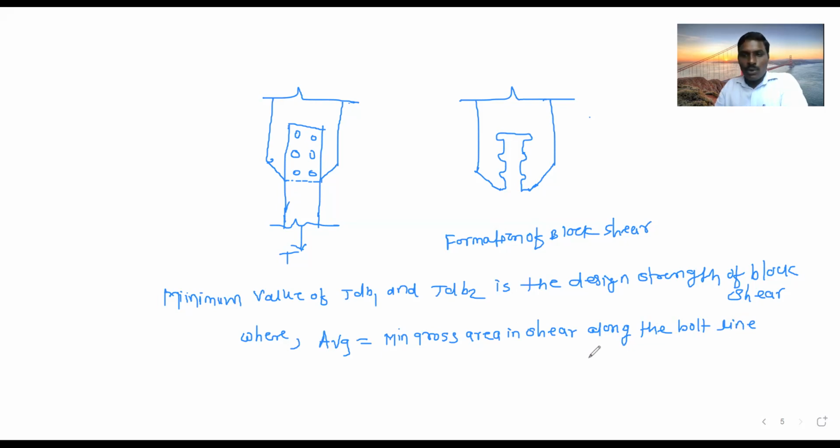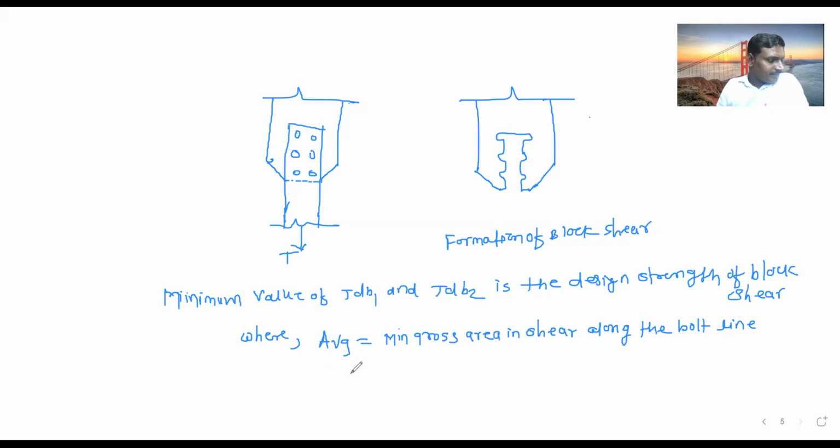V for the shear, G for the gross, and A for the area. So minimum gross area in shear along the bolt line. Now we will see how to calculate the gross area in shear along the bolt line.